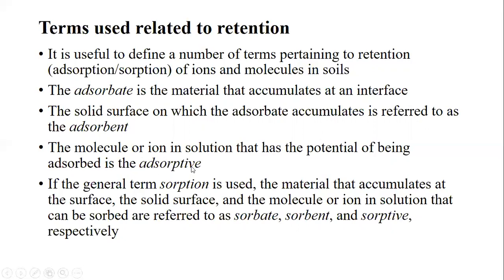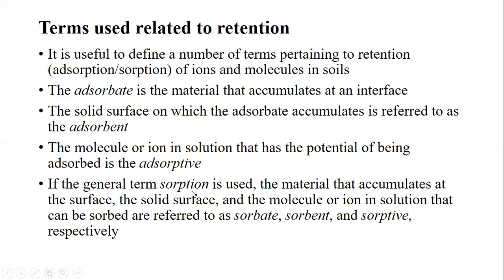They have the potential. That means they can leave the solution and go to the surface and be adsorbed on the surface. So as long as they are still in solution, but capable of being adsorbed, we say they are the adsorptive.